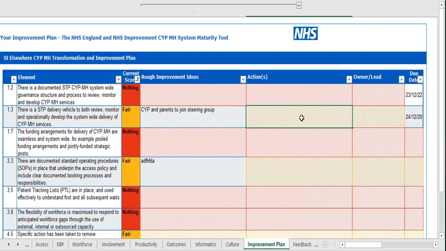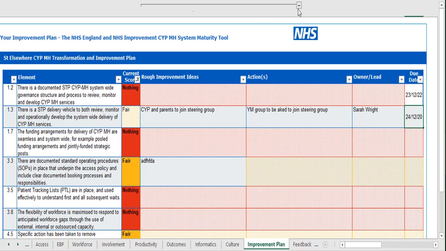So if we put in an action that the Young Minds group be asked to join the steering group to get young people present, and who's going to be the owner or the leader? Well, if we say it's me, and we've already got a date in, you'll notice once that's done, it changes the tone to a not-as-bold tone, because you've got an action in place.